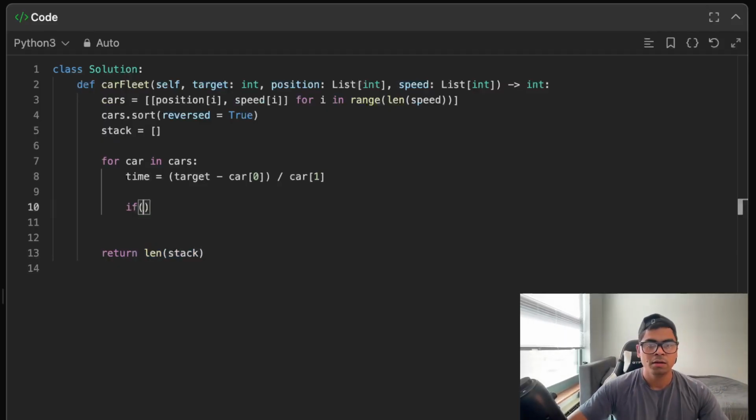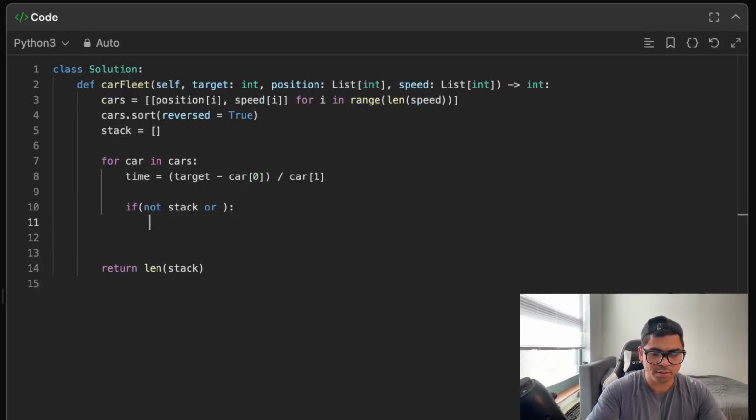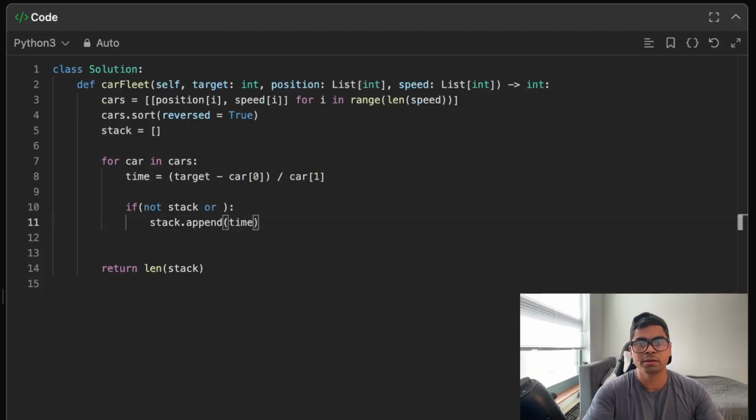So if not stack, if there is nothing in the stack, this condition should pass, short circuit, and this will append. So we will append the time to my stack.